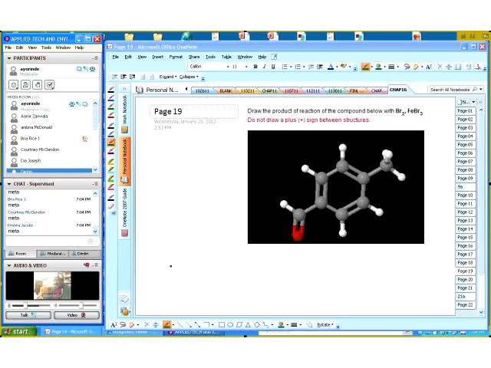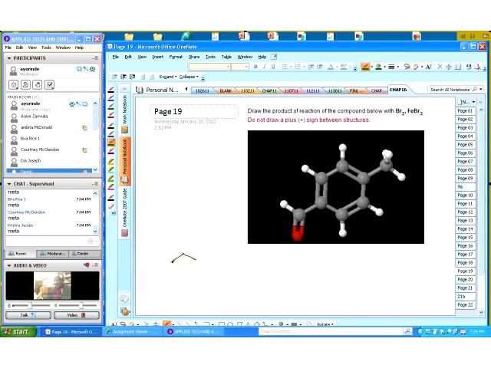Okay, so let me write the molecule here. So you have the benzene ring. You have the aldehyde group. And in the para position, you have the methyl group.